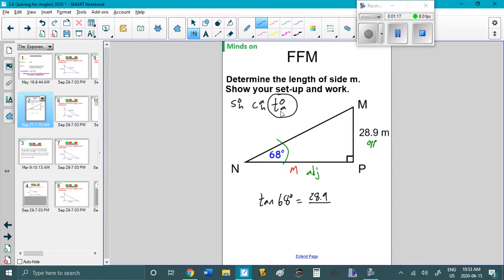Remember, that comes from TOA here, and that's going to be M. Now, our unknown is on the bottom. It's actually a side, not an angle, so we switch these two. So M comes up, and that equals 28.9 divided by tan of 68 degrees.